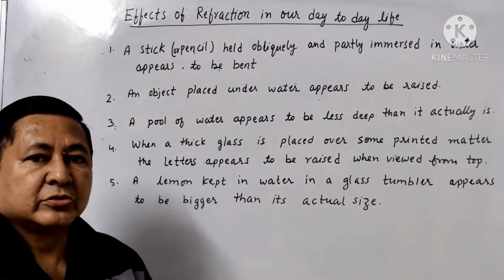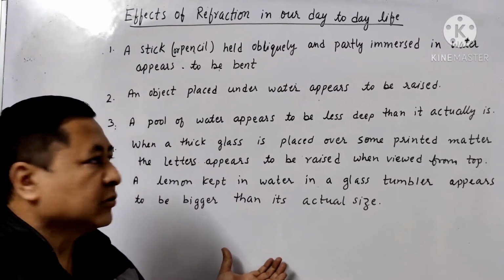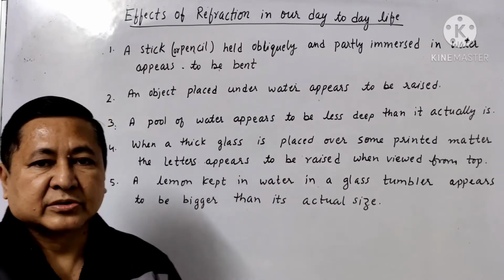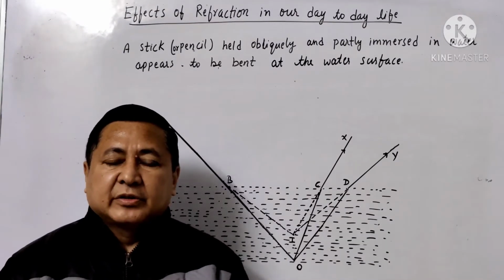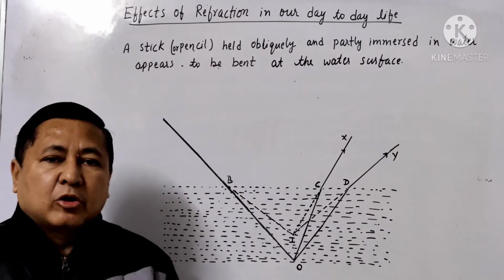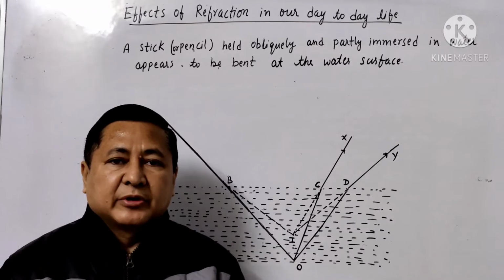Now today we are going to discuss these effects and I'll explain how refraction is causing all these phenomena. Now let us see how the pencil or the stick, when it is held obliquely and partly immersed in water, appears to bend.